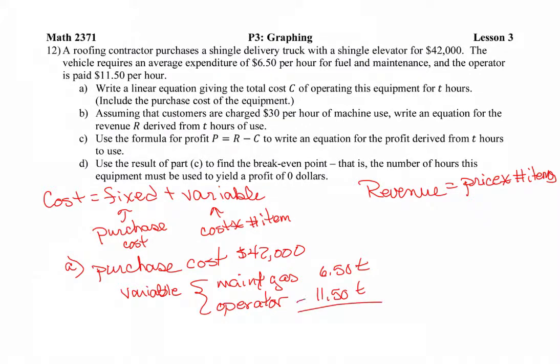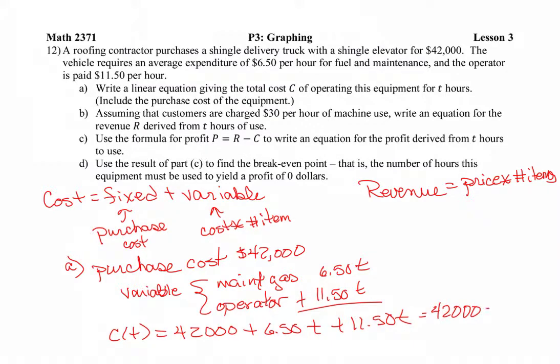And so if we add those two together, our cost is going to be $42,000 plus 6.50T plus 11.50T, which simplifies down to $42,000 plus 18T.